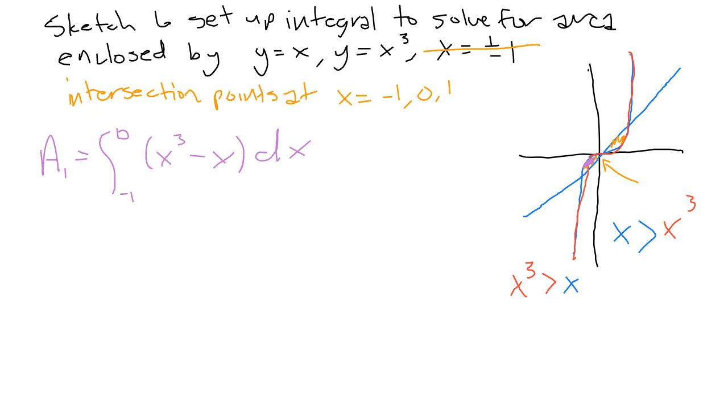Then we can say that A2 is equal to the integral from 0 to 1 of x minus x cubed dx.